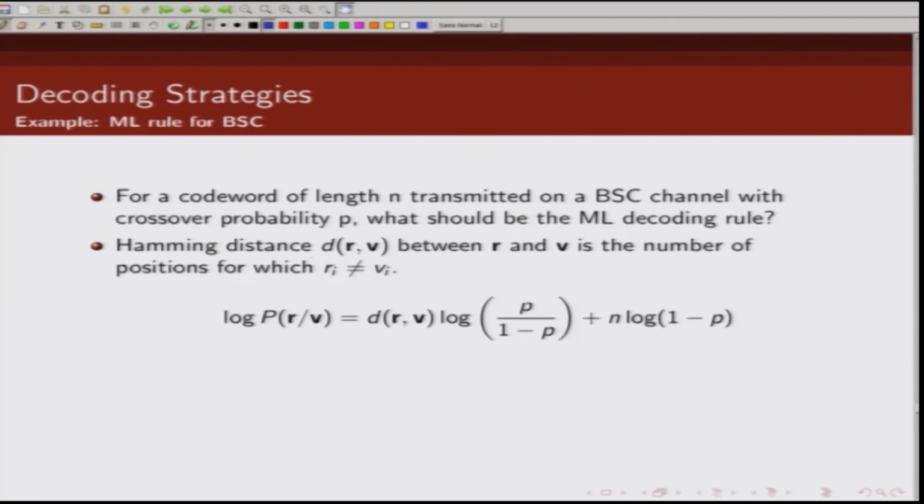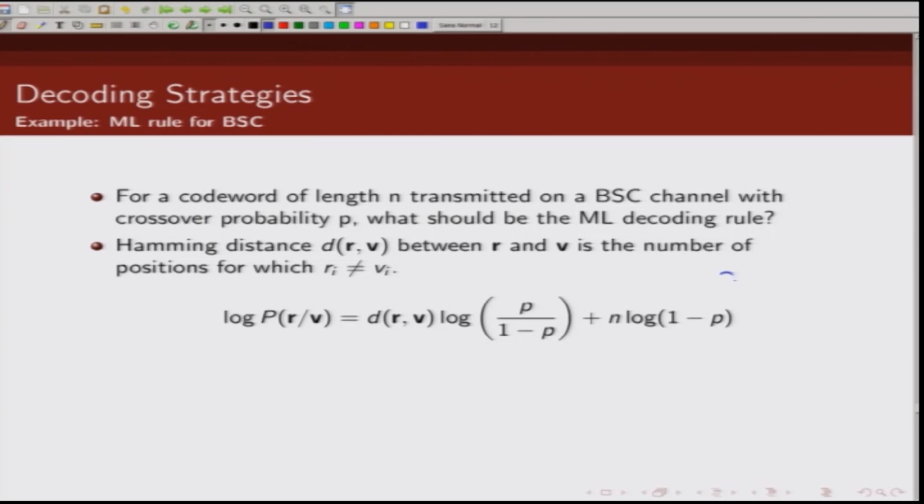What is the Hamming distance between two code words, or two n-tuples, R and V, both n-bit vectors? The Hamming distance between R and V is defined as the number of positions in which R and V differ.